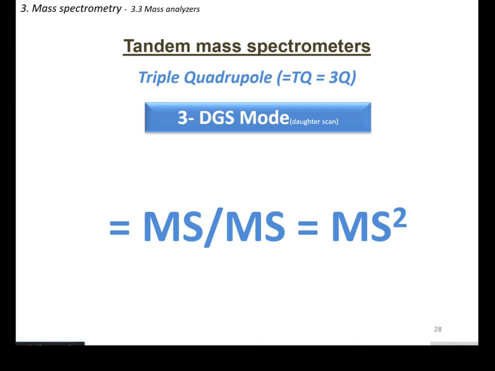It's a scan of the fragments of a particular ion. This is what we call also MSMS or MS2, because it's a two-dimension mass spectrometry. You first analyze the molecules and then you fragment them and analyze the fragments. This is very important to give you information about the structure of the molecule, and also to identify the molecules.